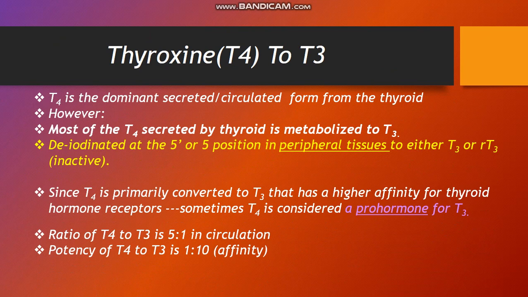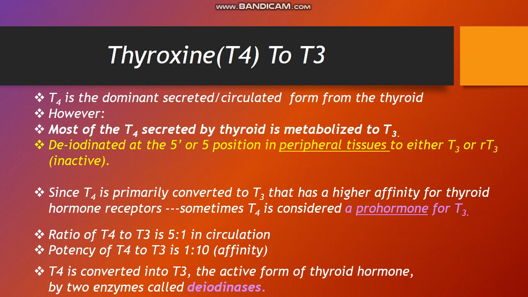Since T4 is primarily converted to T3, which has a higher affinity for thyroid hormone receptors, sometimes T4 is considered a pro-hormone of T3. Ratio of T4 to T3 is 5 to 1 in circulation. Potency of T3 to T4 is 10 to 1.